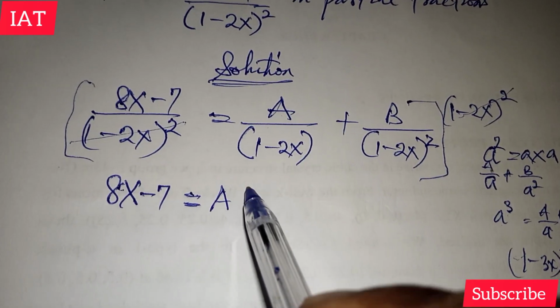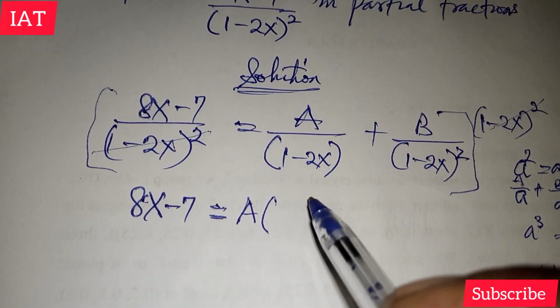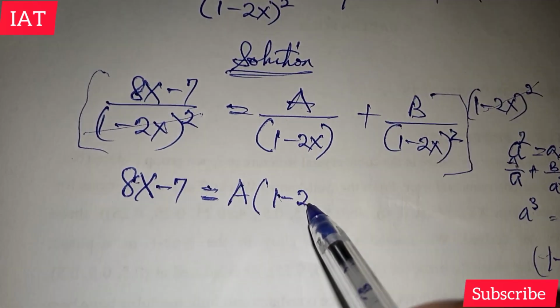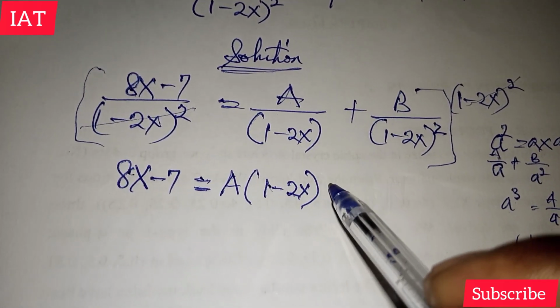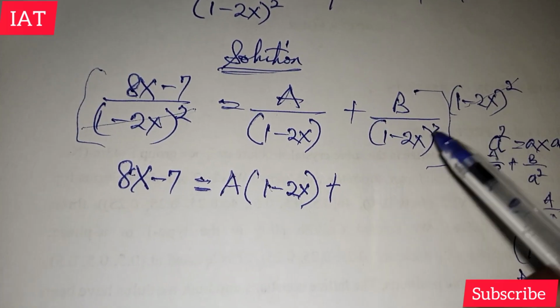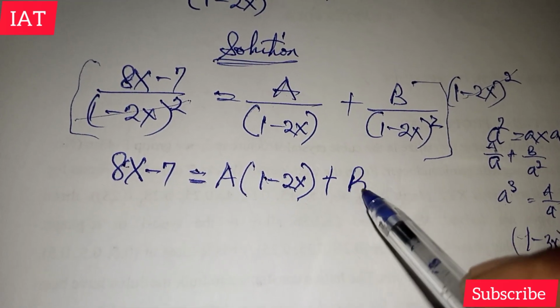a multiplying by 1 minus 2x plus, if this cancels out with b, what will be left is just b.